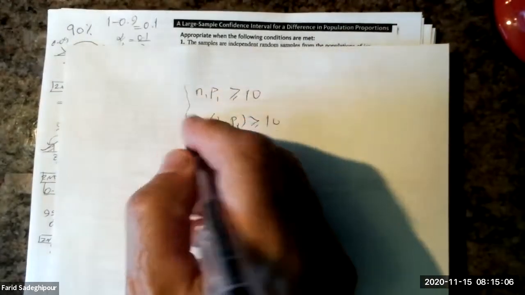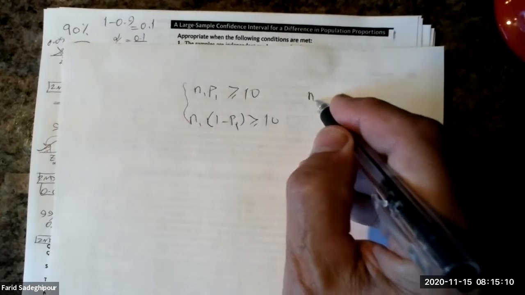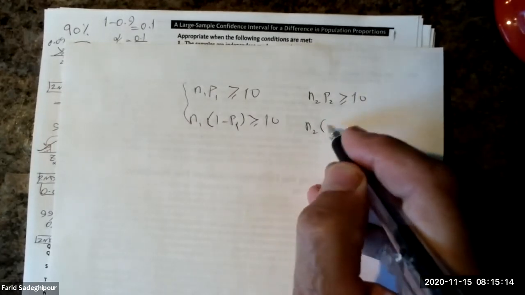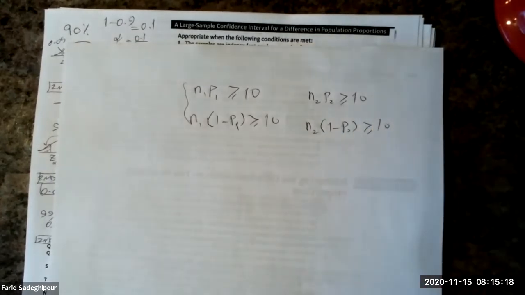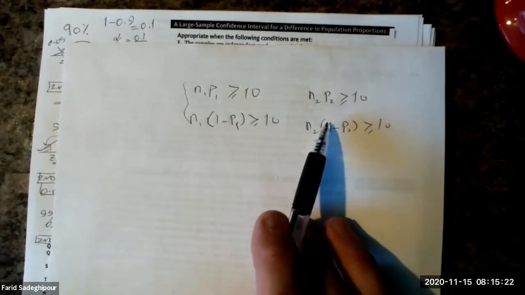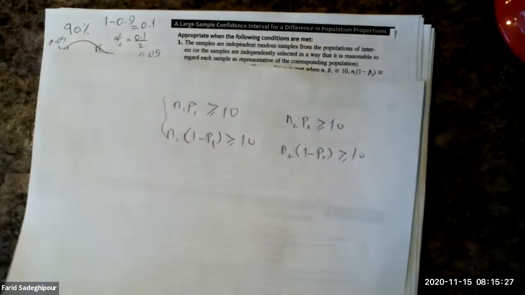But here, since we have two populations, the conditions are n1p1 greater than or equal to 10, n1 times 1 minus p1 greater than or equal to 10, n2p2 greater than or equal to 10, and n2 times 1 minus p2 greater than or equal to 10. So since you have two populations, the conditions require additional calculations.